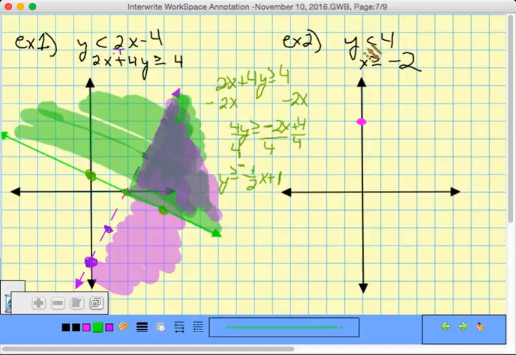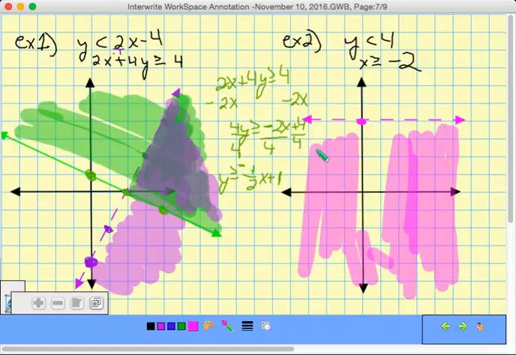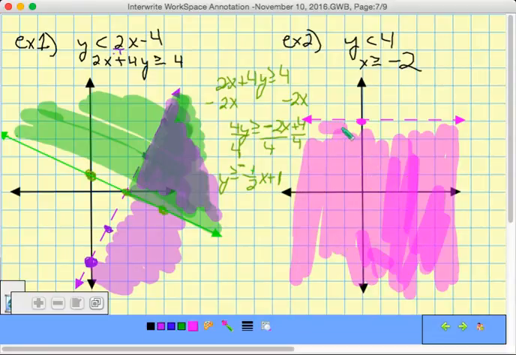Once again, because there's not a line underneath here, we need a dotted line, just like that. And because it's less than, I'm going to shade down, everywhere below here.